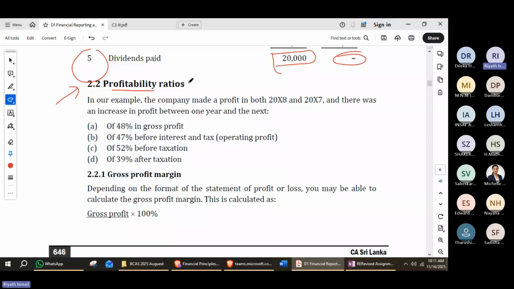In our example, the company made a profit in both 2018 and 2017, and there was an increase in profit from one year to the next. So which one is the gross profit? Gross profit increased by 48%, and profit before interest and tax increased by 47%. Profit before tax increased by 52%. Profit after tax 39%. How do we calculate?